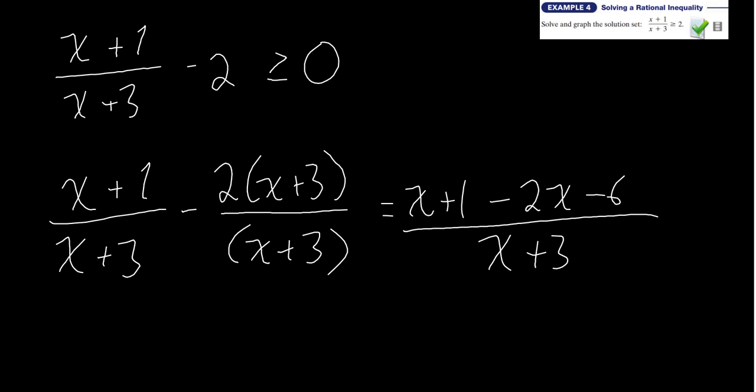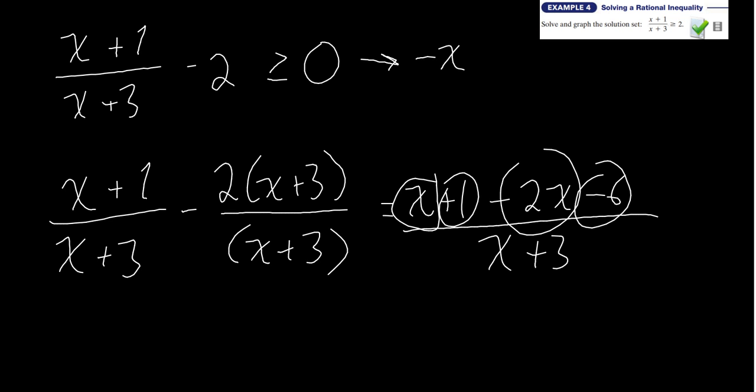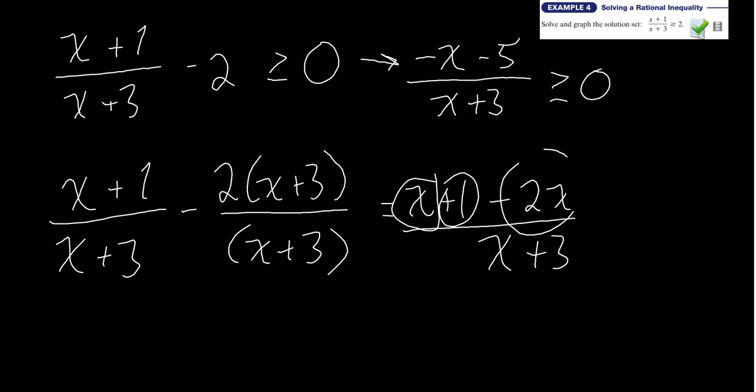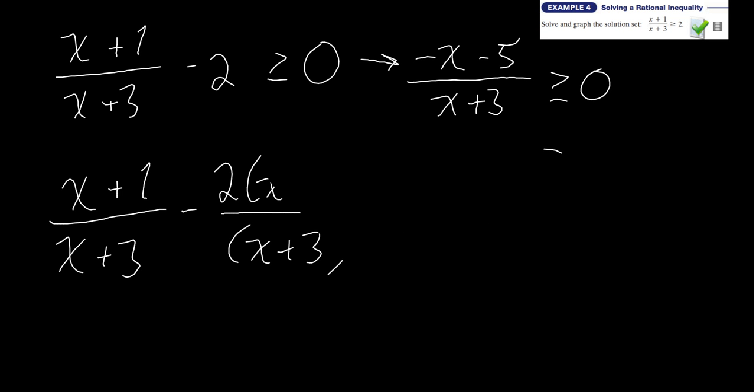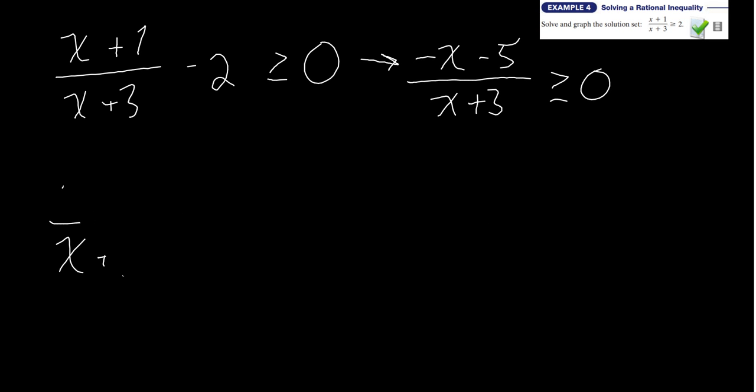Then if we combine the like terms, we have a positive x and a negative 2x, so it's going to be a negative x. We have a positive 1 and a negative 6, so we're going to have a minus 5. That's over x plus 3, and that's supposed to be greater than or equal to 0. So we now have a singular function on the left side.